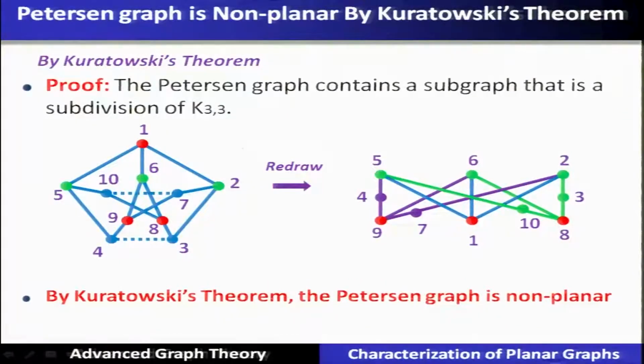We will take another example to basically obtain a subdivision of K33. So, let us see it again. Let us take the red dots as one side of the partite set, that is K33, and all the green points as the other side of the partite set.